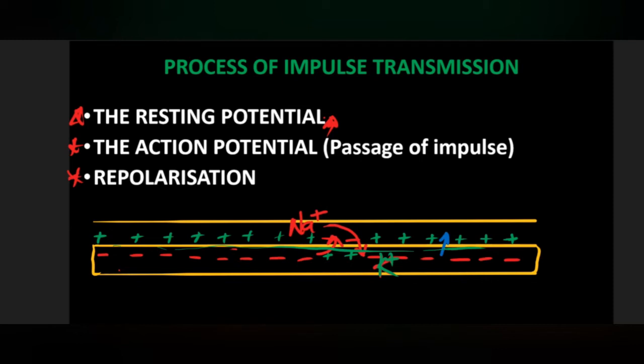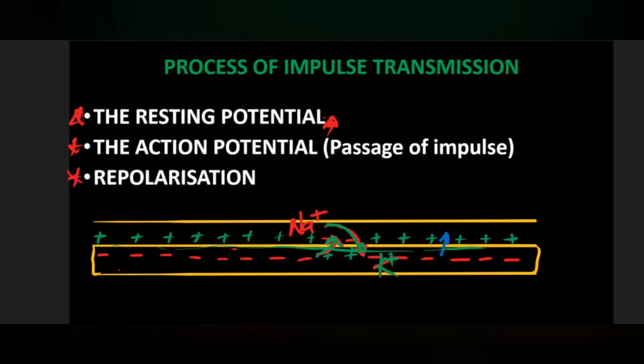The permeability of this membrane brings about an exchange of ions, whereby sodium ions will move towards the inner part of the cell, while potassium ions will move towards the outer part of the cell. So this brings about what we call the action potential. When this happens, the inside of the cell membrane will be positive, while the outside will be negative.